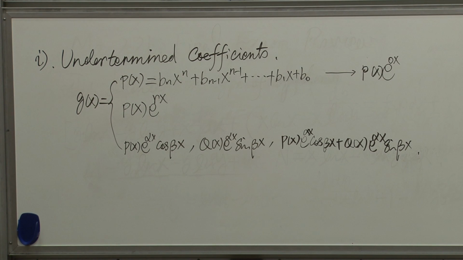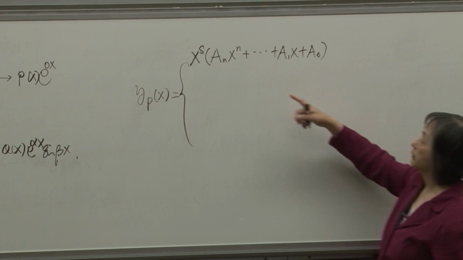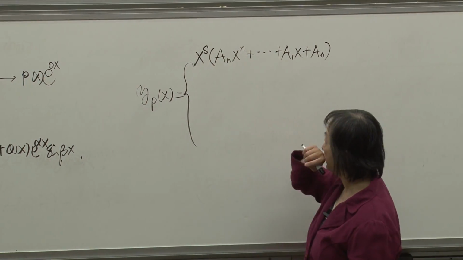When g of x is a polynomial, y_p should be a factor x^s times a polynomial of the same degree, denoted by, say, a_n x^n plus so on and so forth until a_1 x plus a_0. We'll talk about s later.